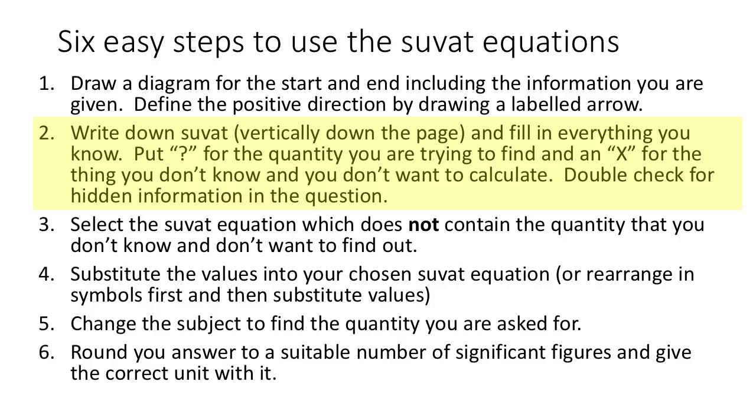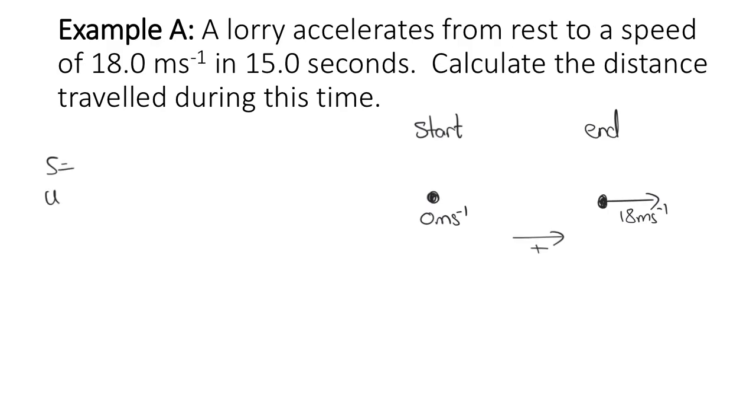Step 2, we're going to write down all the information that we know, put a question mark for the thing we're trying to find, and a cross for the thing that we don't know and we're not asked to calculate. We now need to fill in for each of these. We are told that we're calculating the distance, so we're going to write a question mark for S. We are told, which is what I call hidden information, that it starts from rest, so the initial velocity is 0 meters per second.